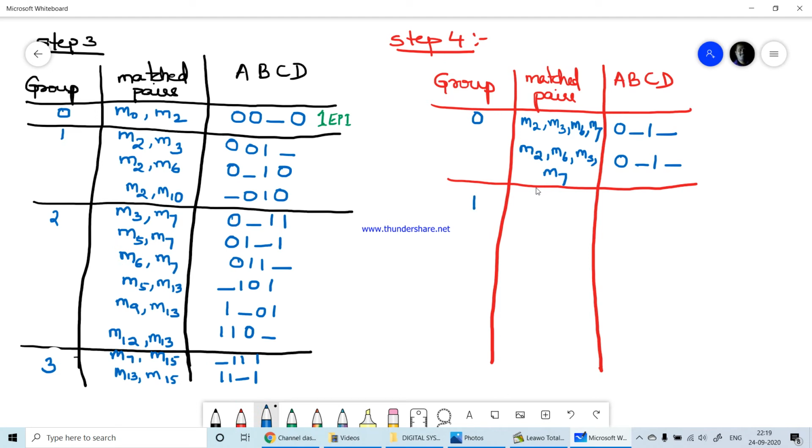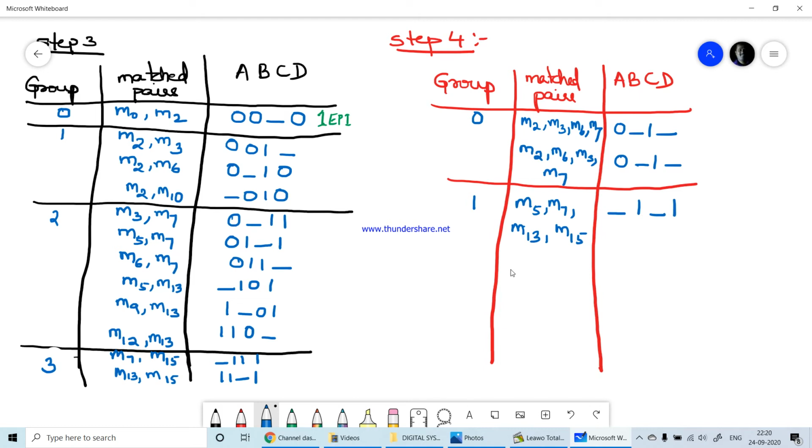So I will have M5, comma M7, comma M13 and M15, and that will give me dash 1 dash 1.